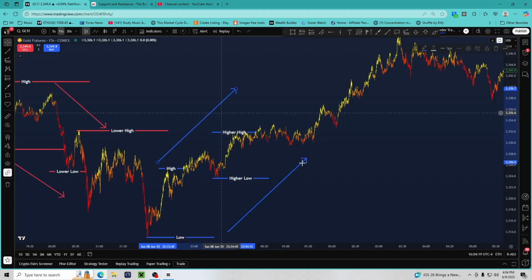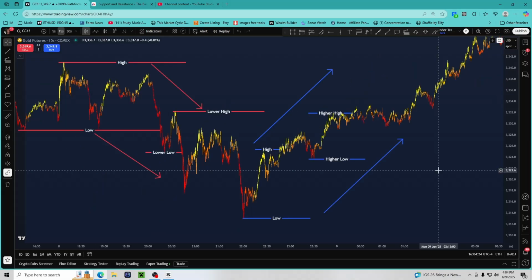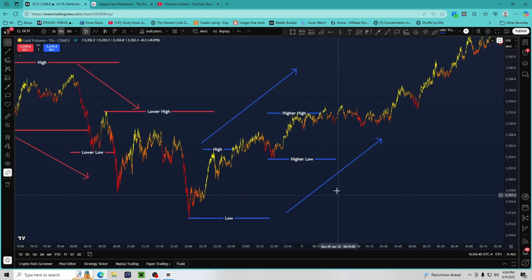And that is how you identify trends using structure, using your support and resistance. Are your supports getting lower with lower highs, lower resistance points? Or are your lows getting higher with higher highs going into the market?